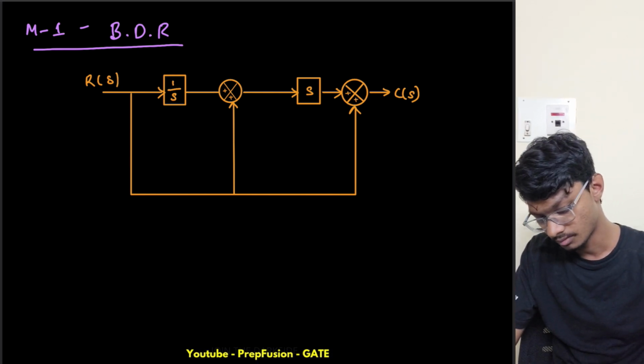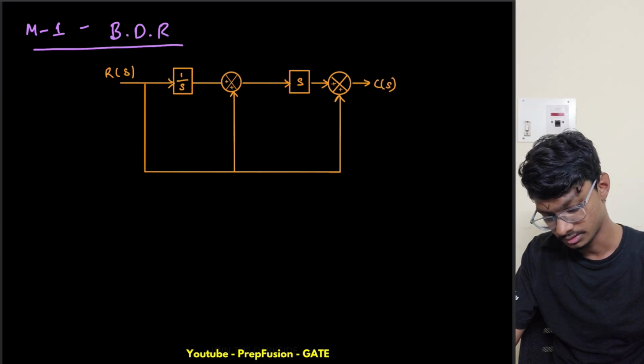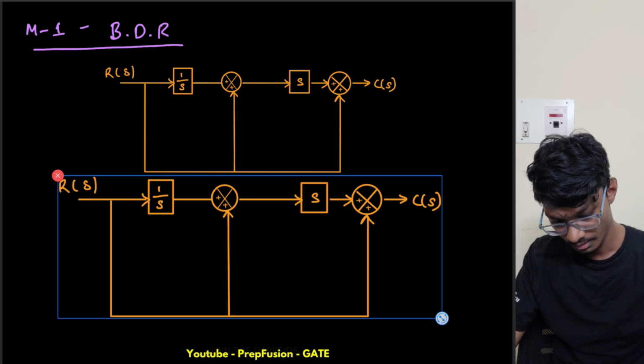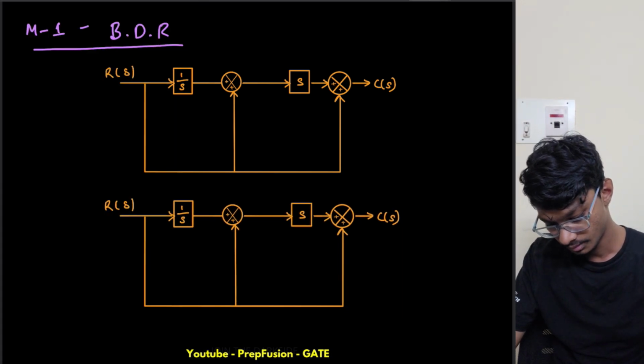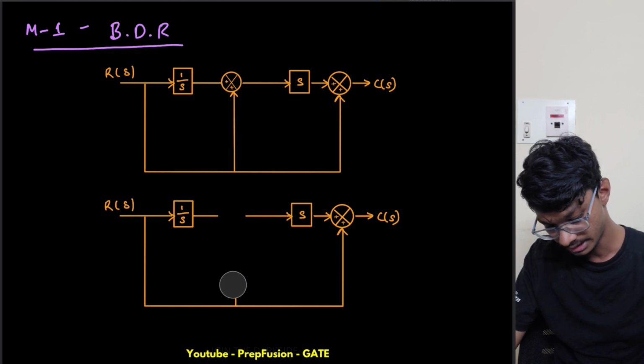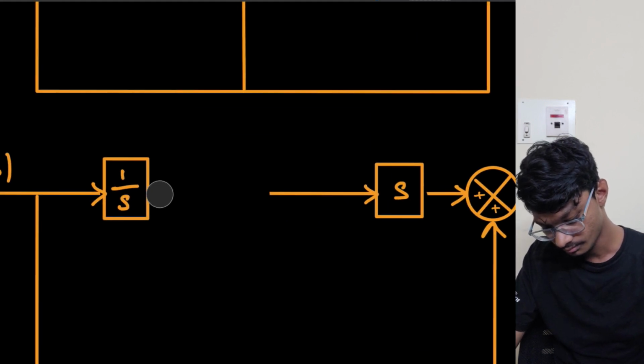So I will reduce the size of this a bit. Then what I will do is I will not delete this, I will delete this adder, and I will replace this with 1, because this is getting added.